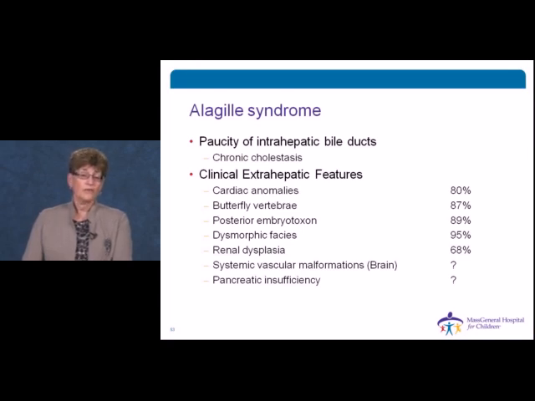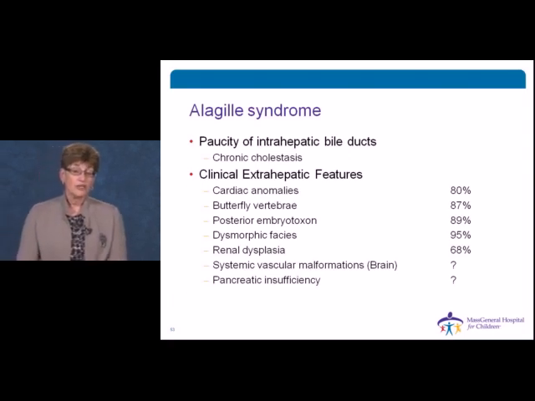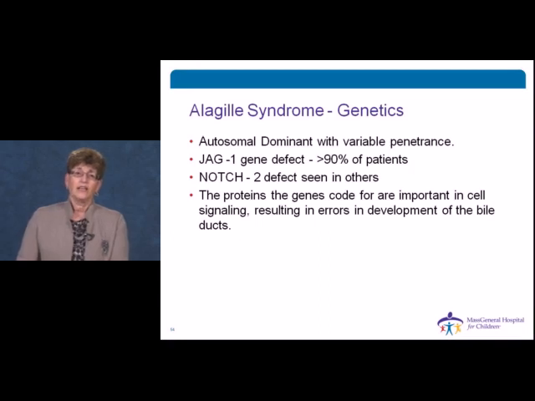More recently, we've noted that brain vascular malformations can occur, leading to stroke, as well as pancreatic insufficiency, which can perpetuate the poor growth in some of these babies. The incidence of these in Alagille is really not known. Alagille is an autosomal dominant disease with variable penetrance.